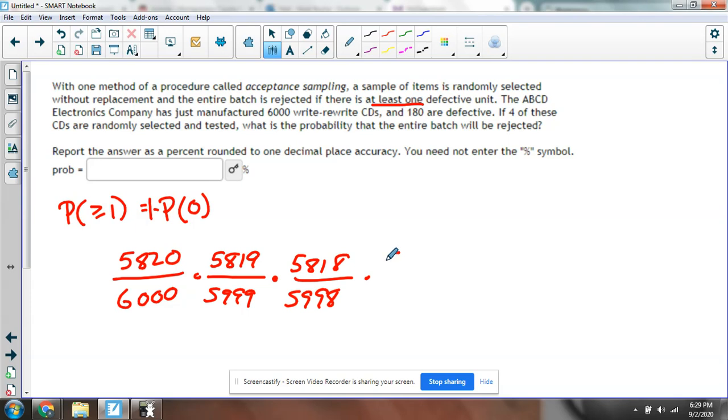And then 5,817 over 5,997. So when you multiply these together, you'll get the probability of picking no bad CDs, no rejections. So to get the probability of picking 1 or more, you're going to do 1 minus this answer.